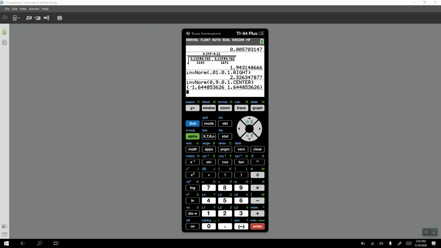All right, so here's my calculator. I cleared it. So I'm going to put in 1.64 multiplied by the square root, and I need my fraction here.